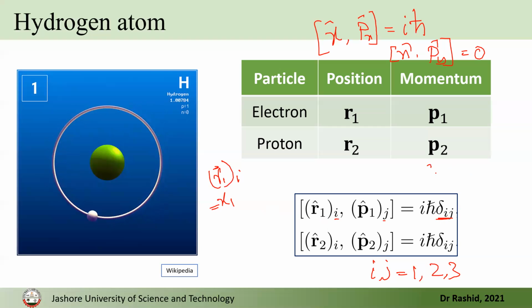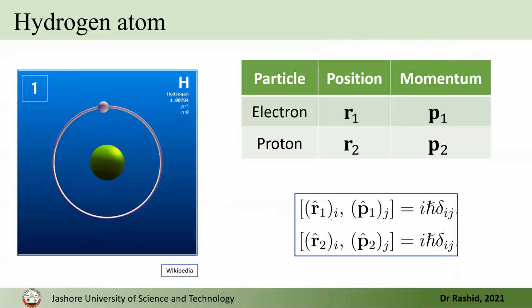So delta ij is equal to 1 when i equals j, and equal to 0 when i is not equal to j. So we see from here that whenever they are of the same component, the x component from R and the x component from P, they do not commute. But if you take the x component from R and the y or z component from P, they commute and give 0. This is the same for the electron and also the same for the proton.